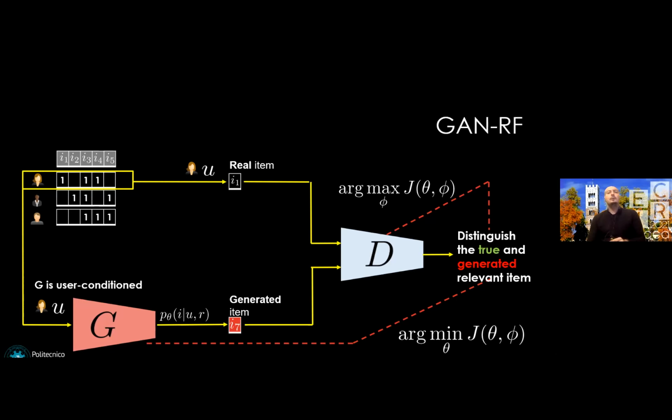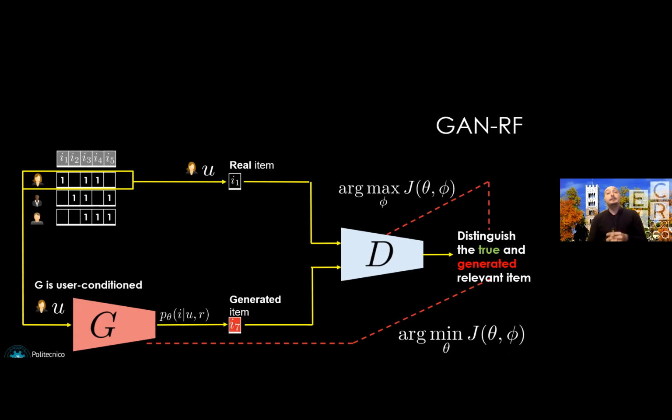Moreover, if we look at the loss function J, we can see that we have two sets of parameters, theta and phi. This is because the generator tries to minimize the loss function and modifies its parameters theta to produce better user-item pairs.